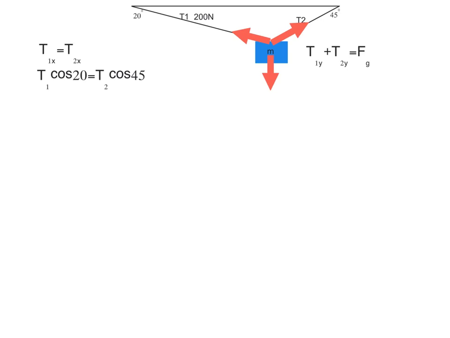So now we've got the idea that this T1 cos 20 is the same thing as T1x, because that's really what it is, and T2 cos of 45 is T2x. And since I've given you that T1 has a total tension of 200, we have this exact part of our equation. The only thing that we don't have left is then T2. So now we've got to plug in our values, chug through the mathematics, and we'll actually figure out what this force is here. So let's do that.